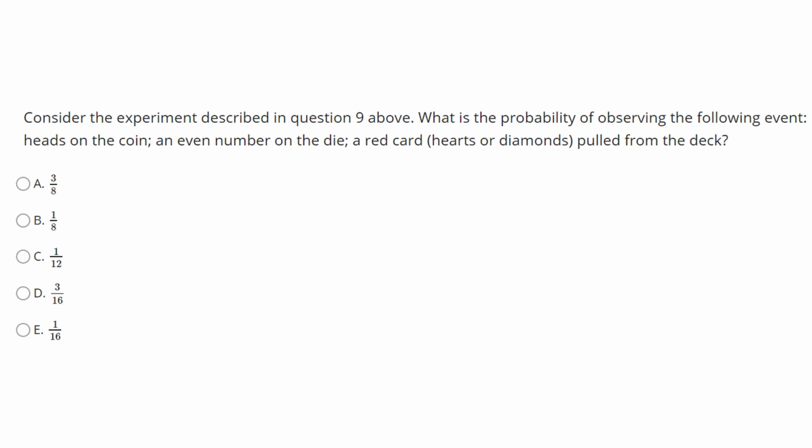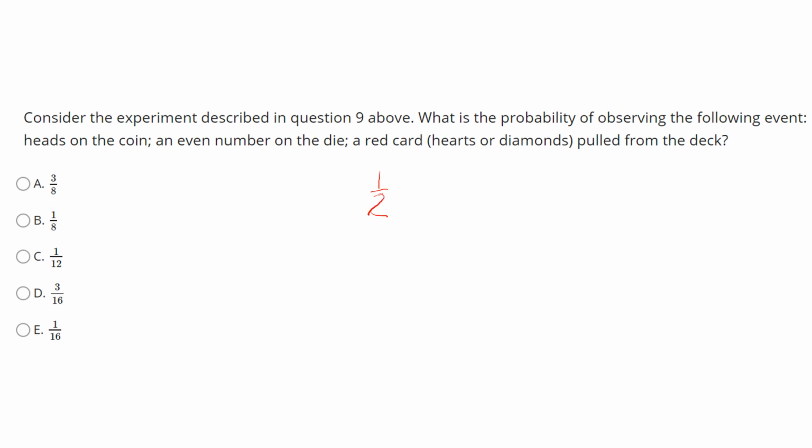So here we can just multiply the probabilities of the various stages given that they are independent. So we have a half for the coin flip, because there's a 0.5 probability of observing heads on the coin.